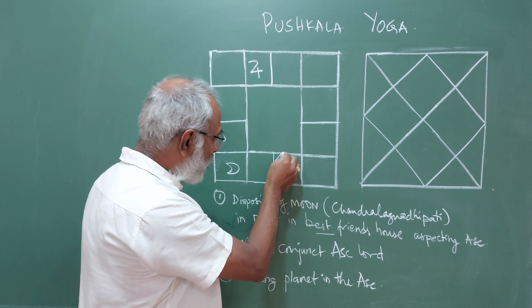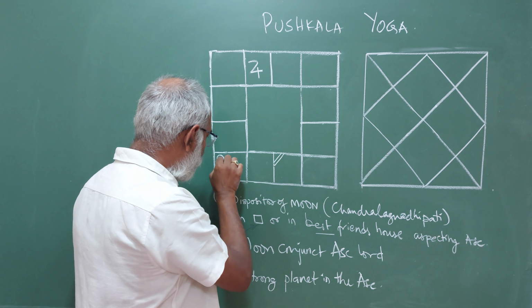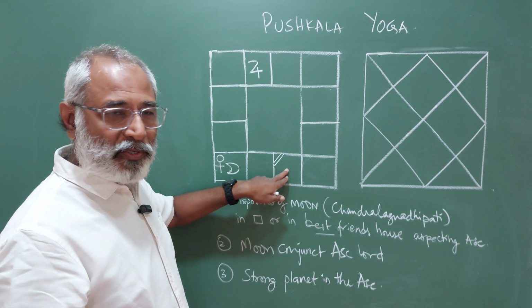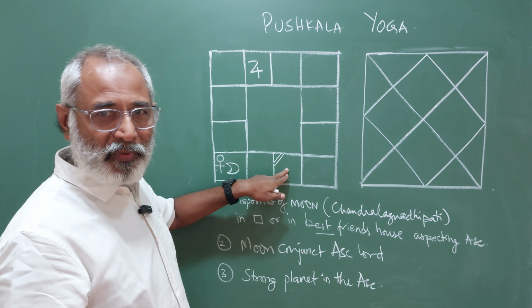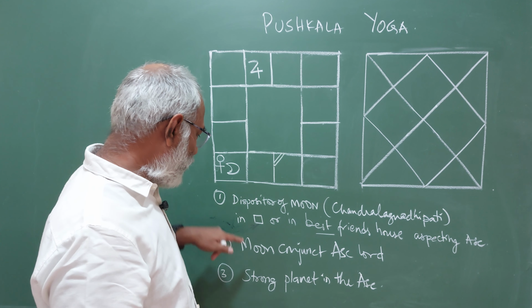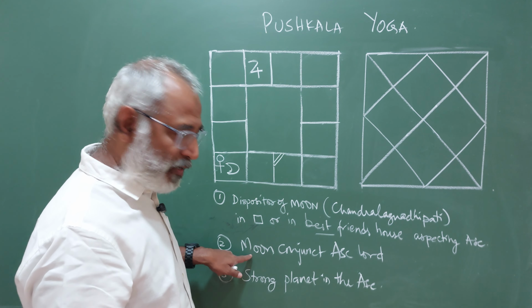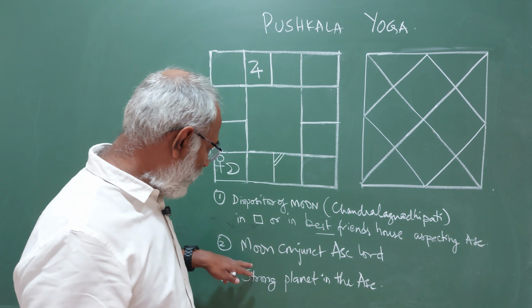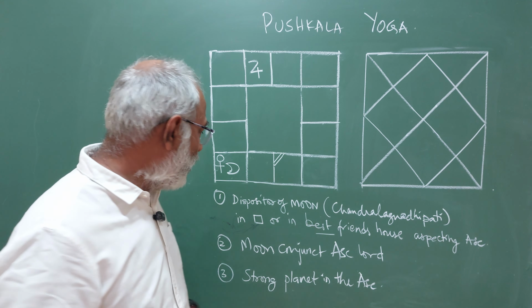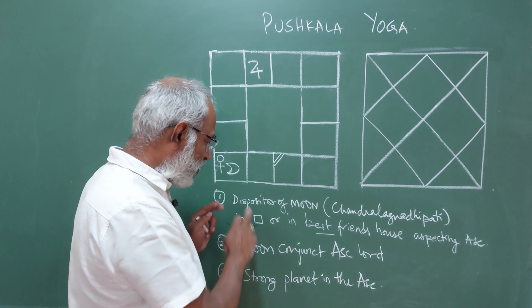So let us see whether this works. Venus, the lord of Libra, that is the ascendant, is along with the moon, conjunct with the moon. So the second condition is verified: the moon is conjunct the ascendant lord.